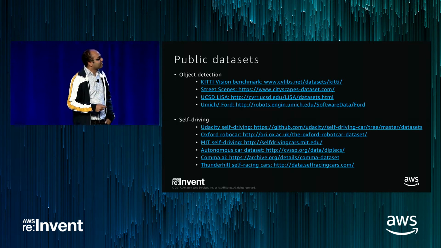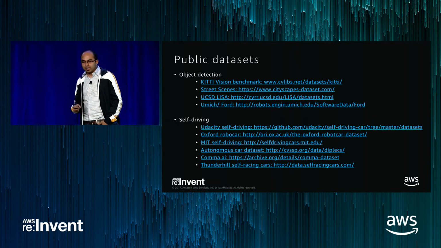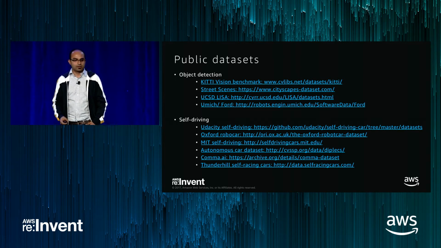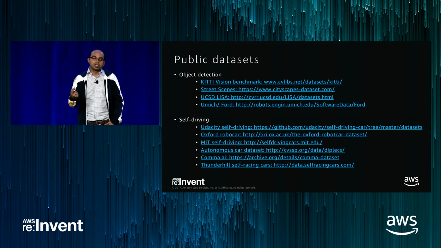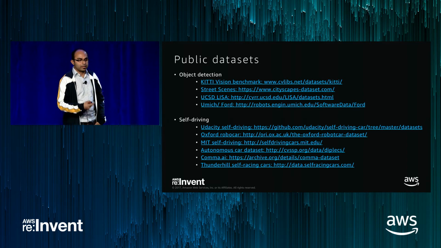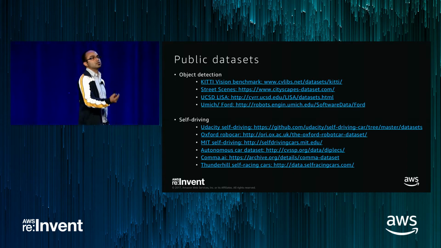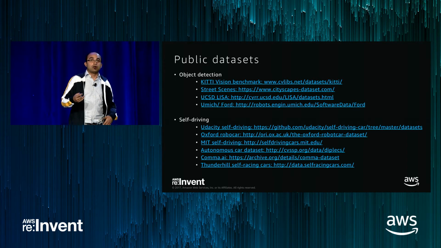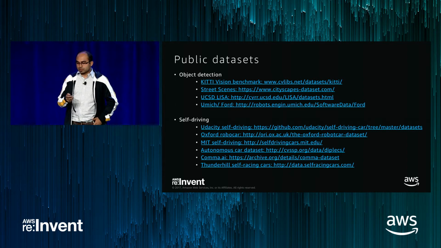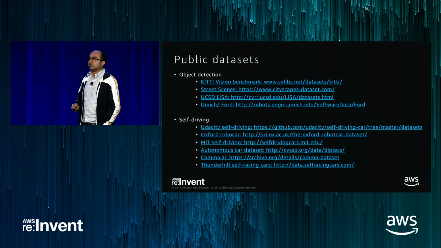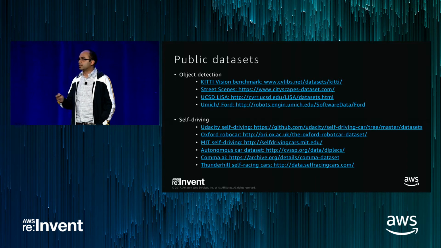On the self-driving side, we have data sets from Oxford, MIT, where they've actually done labs, where you can use them and see if you can develop those algorithms, or whatever you've developed, and how does that work? So this will be quite useful for you to start dipping your toes into this field.